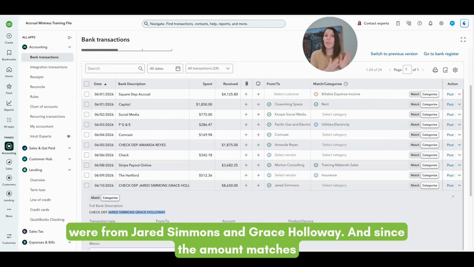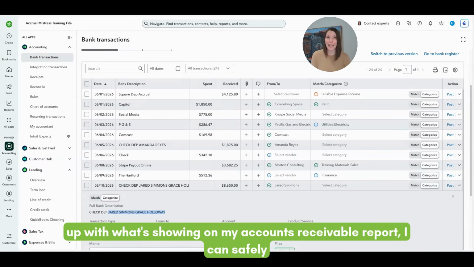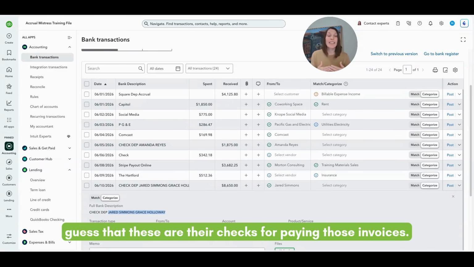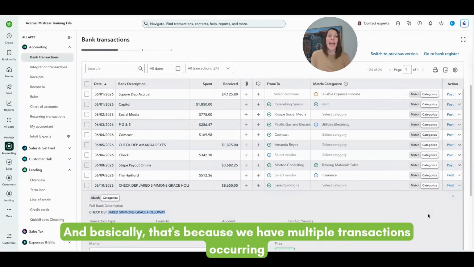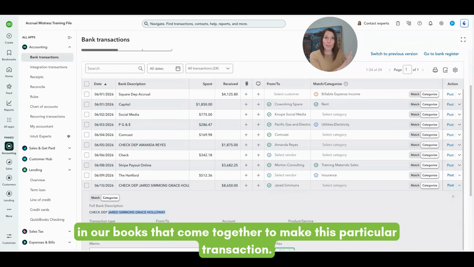And since the amount matches up with what's showing on my accounts receivable report, I can safely guess that these are their checks for paying those invoices. But we can see QuickBooks does not offer up a match. And basically that's because we have multiple transactions occurring in our books that come together to make this particular transaction.